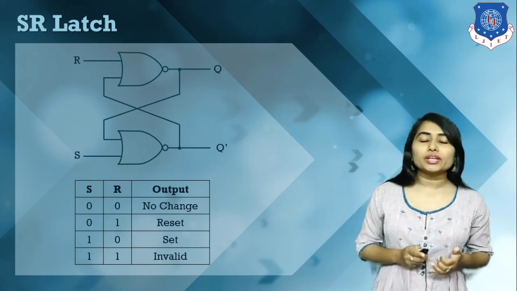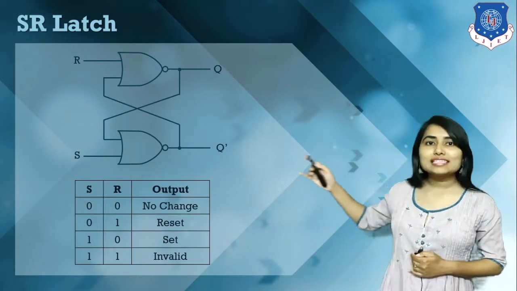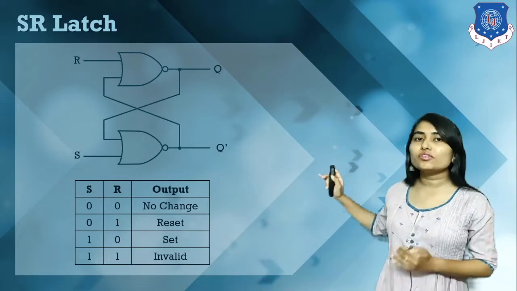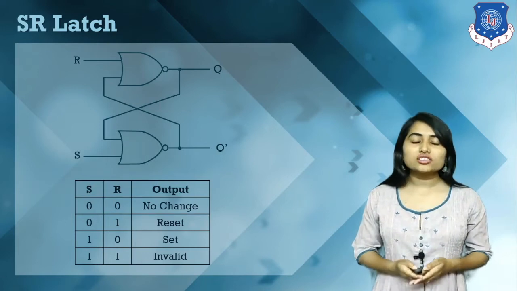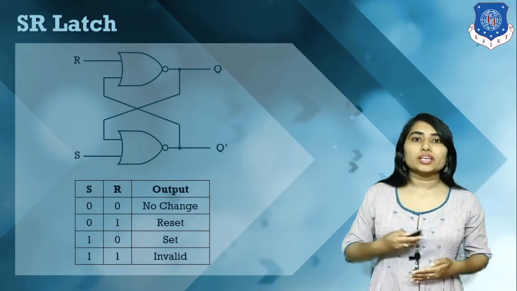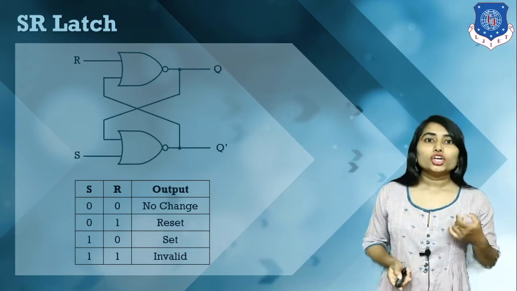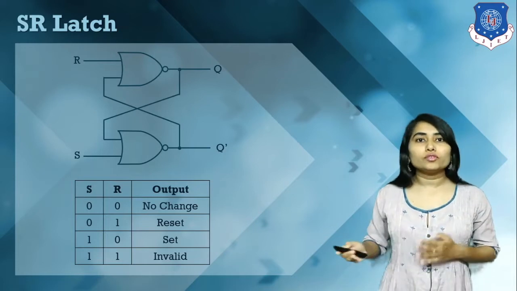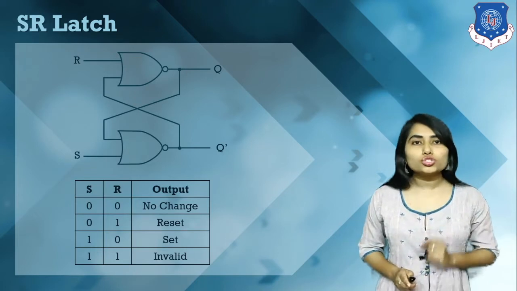So the present output and next output will be equal whenever S and R are both 0. That means the past output is equal to the present output, or if we have Qn as the past output, then Qn plus 1 will be equal to Qn for S and R equal to 0 0.